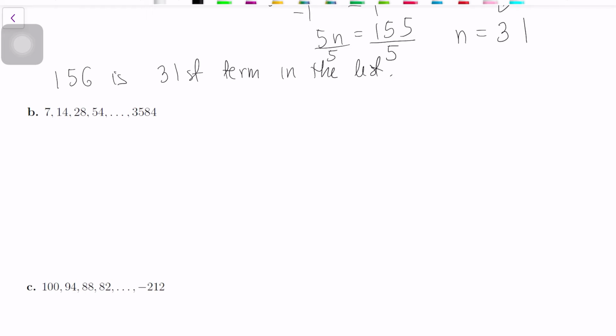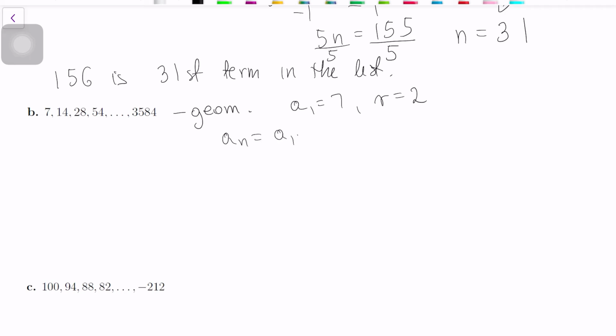7, 14, 28, 56. I can see they're doubling, so I'm not adding, I'm multiplying by 2 to get to the next one. So it's a geometric sequence. A1 is 7 and the ratio is 2. So I can come up with the general formula.